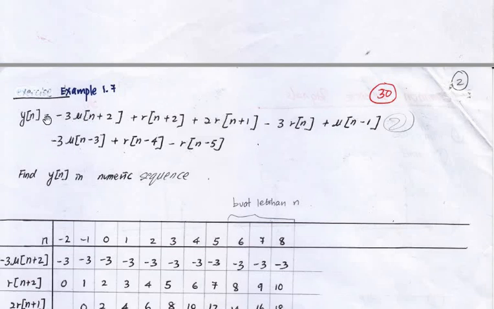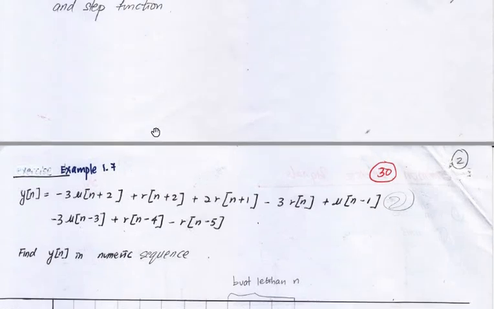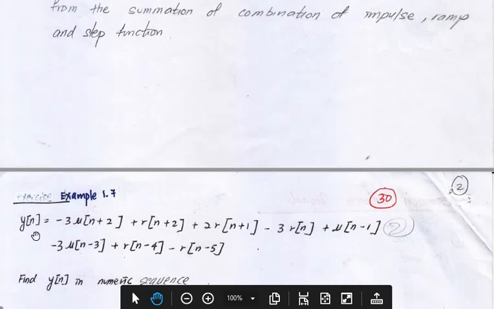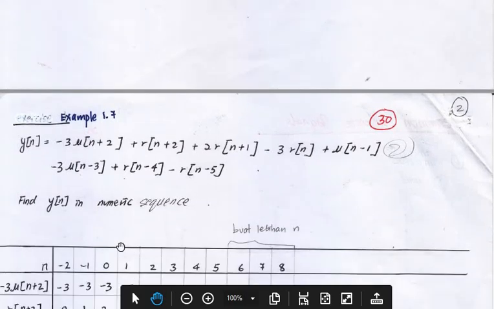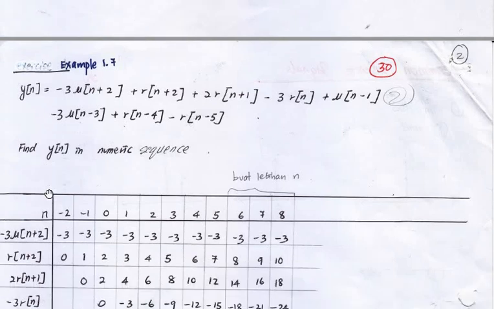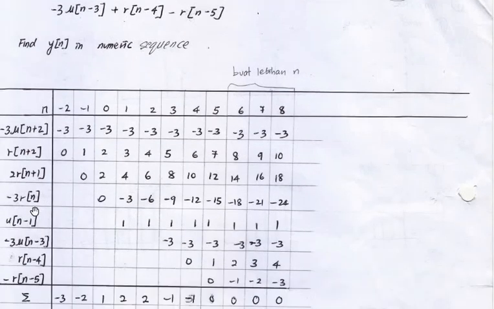You need to sum up everything to find y(n). If you don't know how to write the function here, you don't know where to start, so it's impossible to find the numeric sequence. Now let's start with this one. Draw a table first.